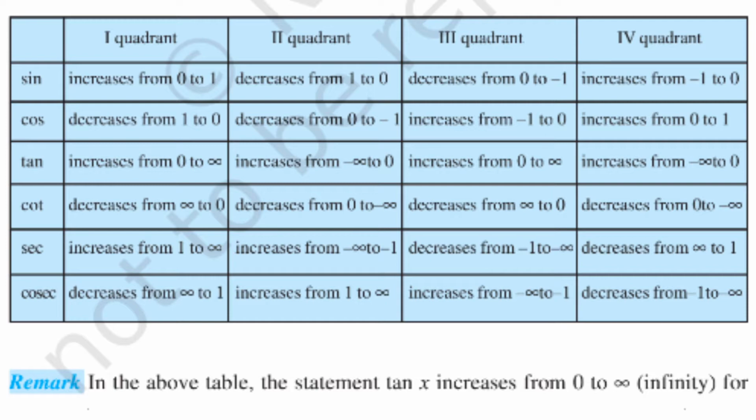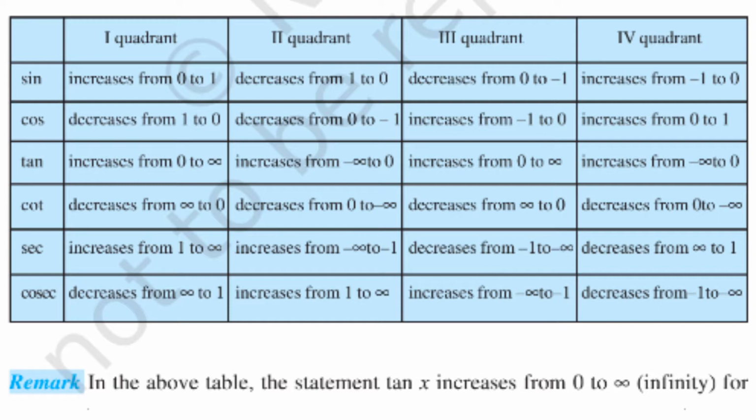I'm just explaining the first one: sine in the first quadrant increases from 0 to 1. We already know this because in class 10 we have done these values in the first quadrant, 0 to 90 degrees.